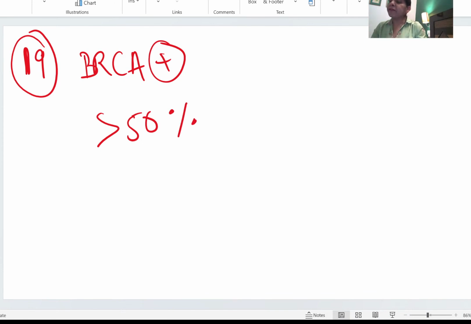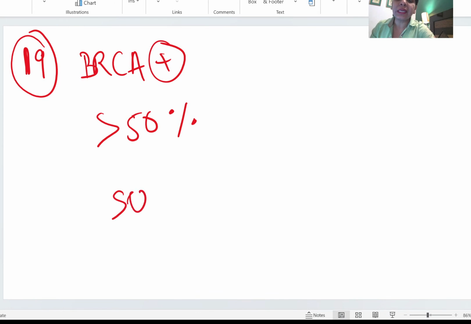And if the chance is more than 50%, you will not screen this patient. You will always do a definitive test. This is not a normal patient.